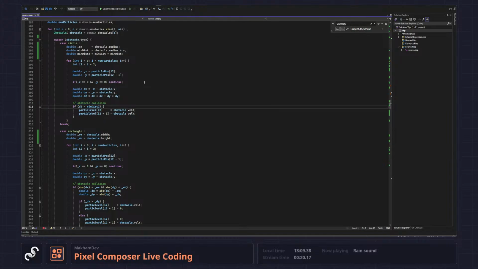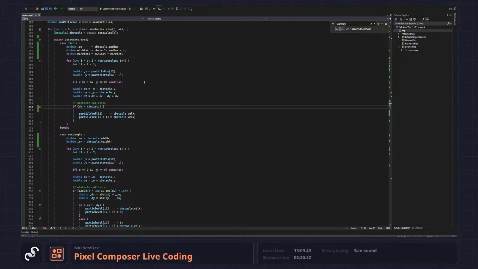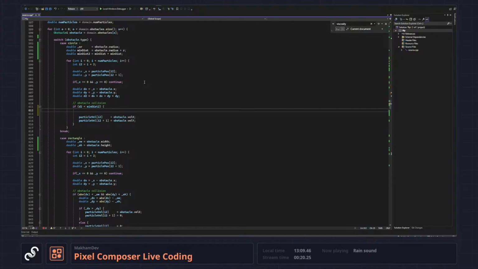So what if we just force move the particle completely? We do particle pose I2 would equal, wait, what, obstacle x plus dx multiplied by or divided by square root 2.